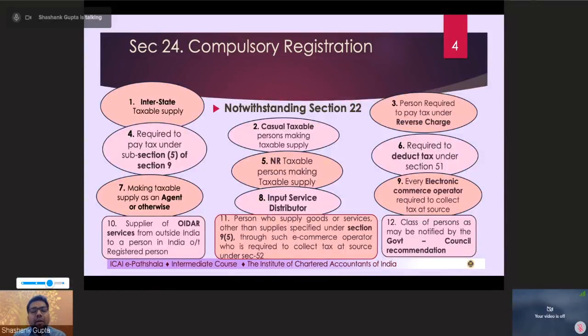Suppose there is a contractor who is based in Delhi. Now this contractor gets a contract in Jharkhand, in Ranchi, city of MS Dhoni. And he goes to Jharkhand to undertake that works contract.